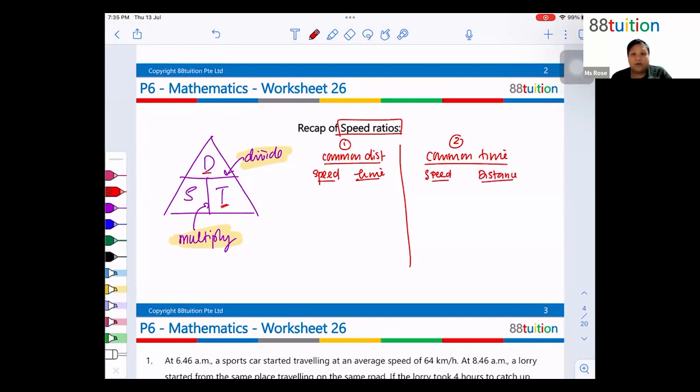Now, for common distance, the ratio between speed and time is indirect, or it is reverse. If you want to remember it, this is direct. The ratio between speed and distance given a common time would be the same.